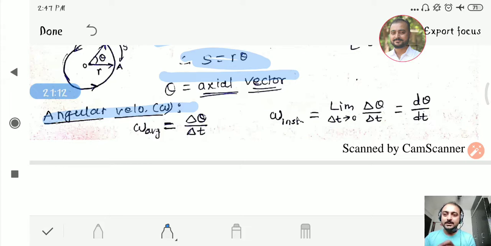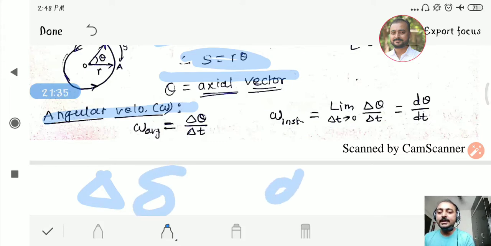Understood? Means if there is a change in angular displacement with respect to time, we say that the body is having angular velocity. Again, you observe in many cases, somewhere it is written with a delta, using a triangle, or somewhere it is written as d.